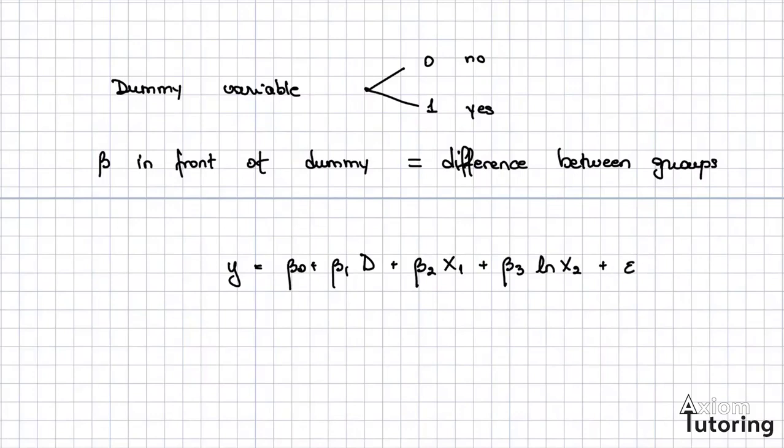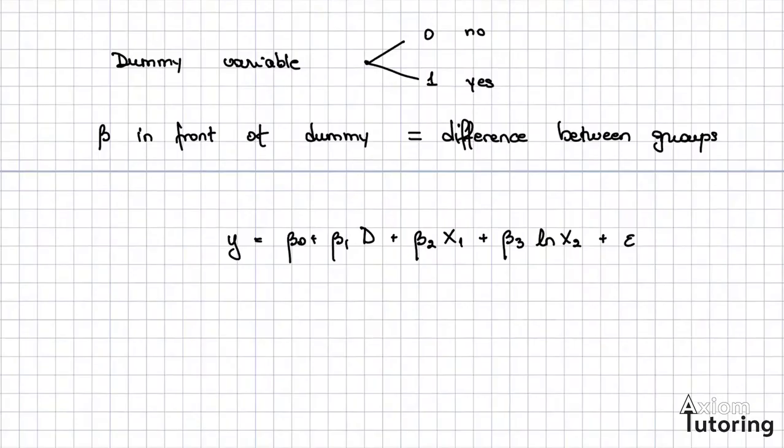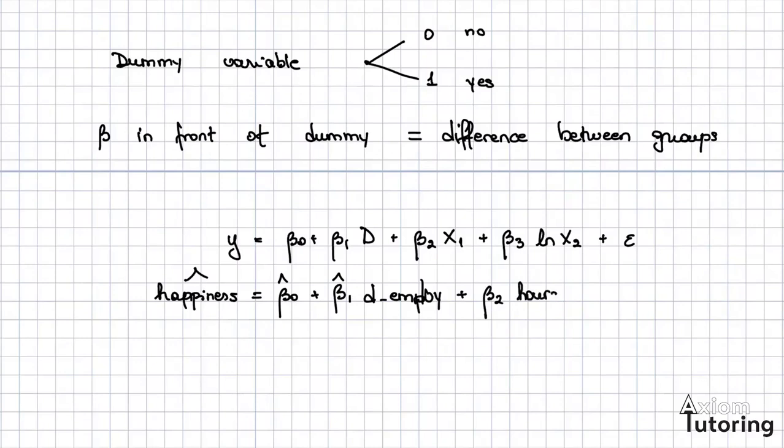If we wanted to give even more context, let's say that y is happiness, some score of happiness that we are trying to estimate, being equal to beta 0 plus beta 1 hat, the dummy of employed, plus let's say beta 2 where we've got hours of sports that you engage in, and let's say beta 3 is ln of the salary that you get, and let's put hats everywhere.